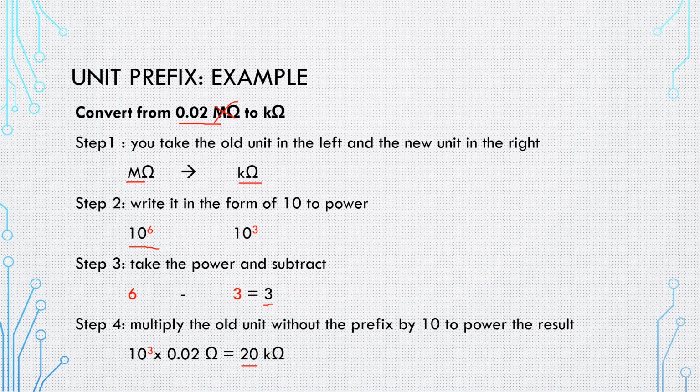If you follow the traditional way, it's okay, but I just want to explain this in case you have a problem with converting from big to small or small to big.